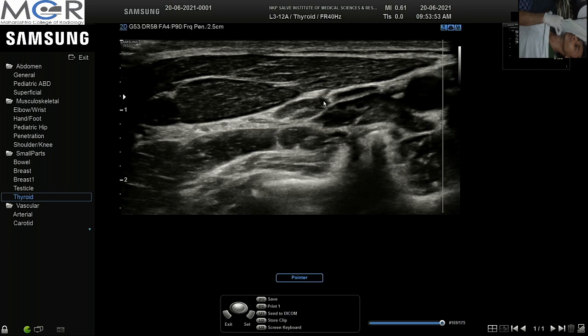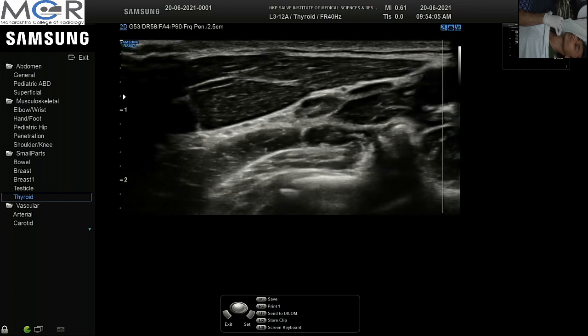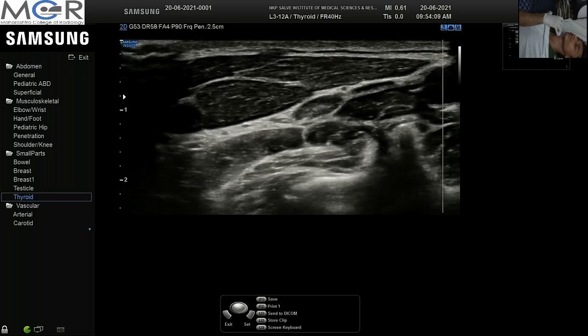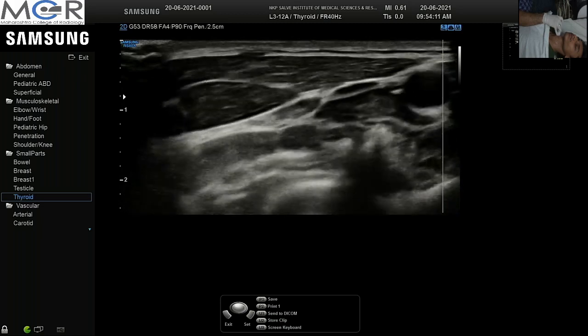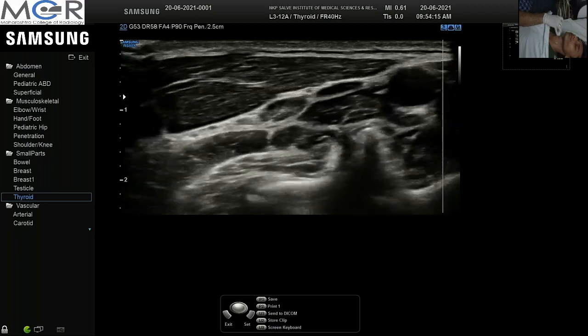The cortical thickness gives us an idea about the benign nature or the malignant nature, but the concentric thickening of the cortex can be also seen in benign conditions like follicular hyperplasia in 30%, but malignant nodes show this feature more often.